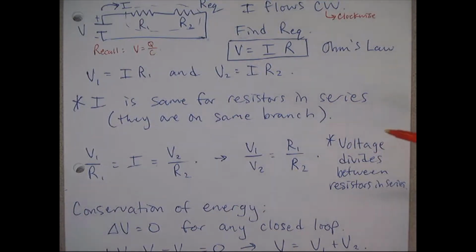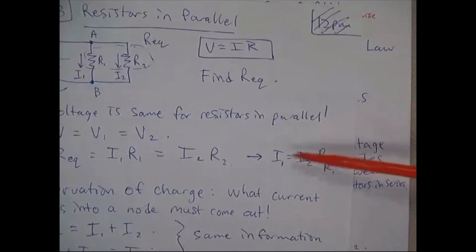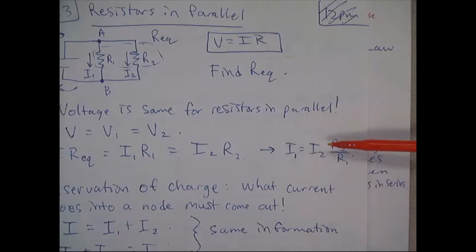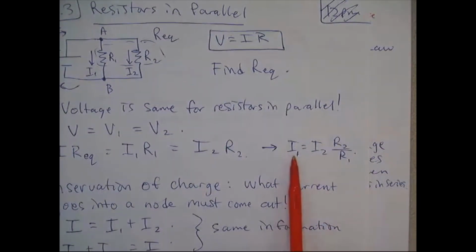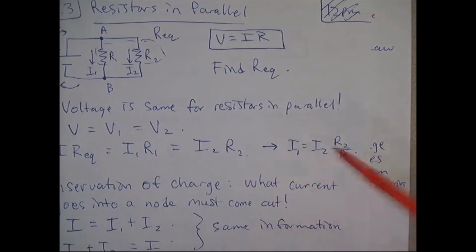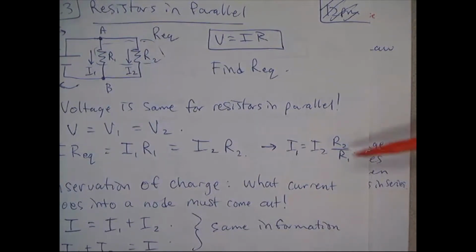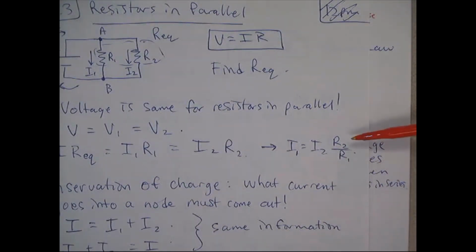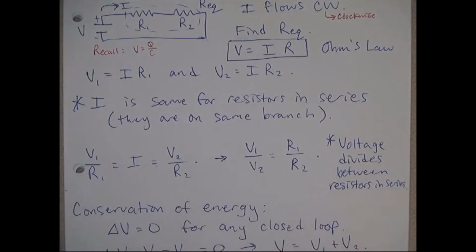Recall that's now opposite of what we saw for resistors in parallel when we had the ratio of I1 divided by I2 is the inverse resistance ratio. Now that would be R2 over R1.